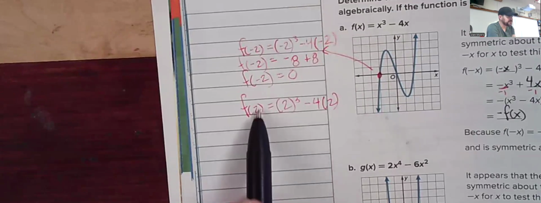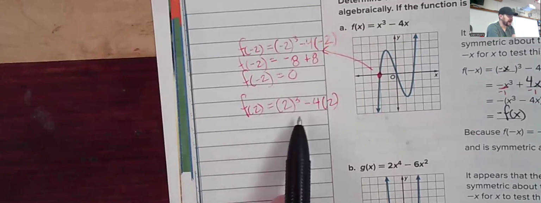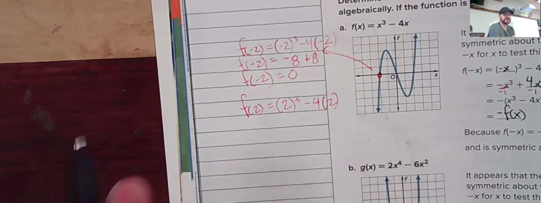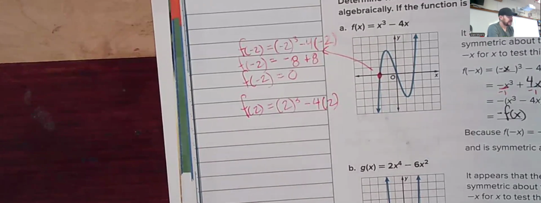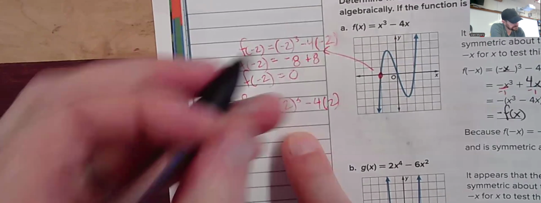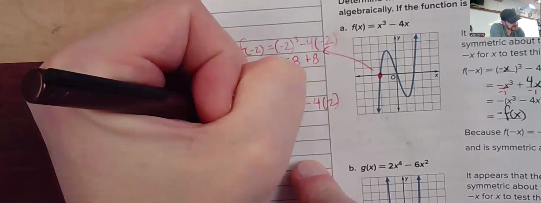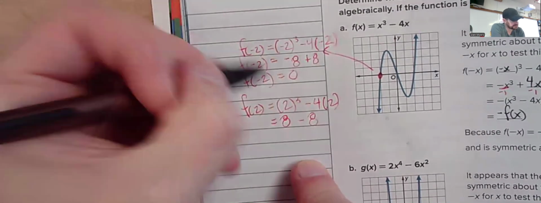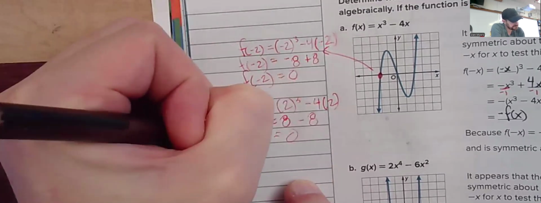So if we plug in the opposite value of x, we should end up with the opposite value of y, which in this case would be the same value of y because 0 is its own opposite. 2 cubed is 8. Negative 4 times 2 is negative 8. So 8 minus 8 equals 0.